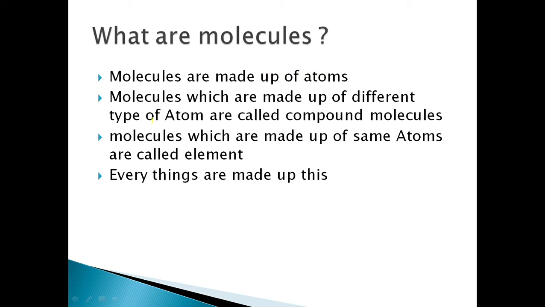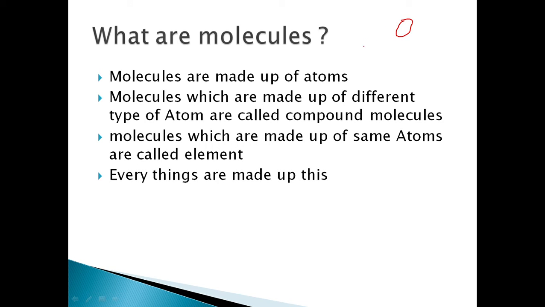Okay, so after that, our next point is saying that molecules which are made up of different types of atoms are called compound molecules. So let me explain. For example, I'm taking a small rough example.